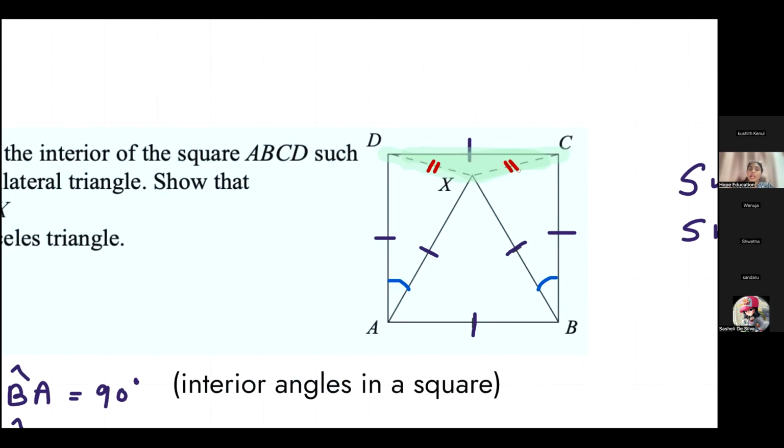Can you all tell me why DX and CX are equal? Why are DX and CX equal? Yes, because they are corresponding sides of congruent triangles.